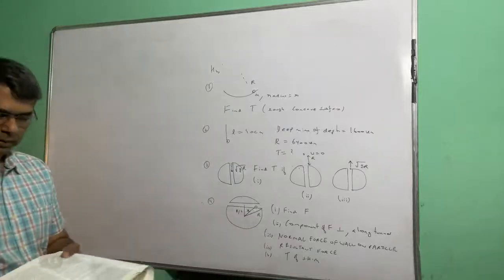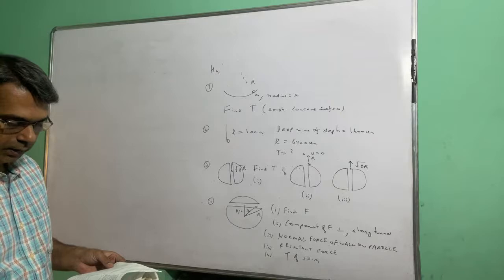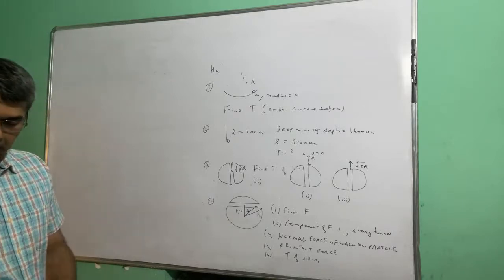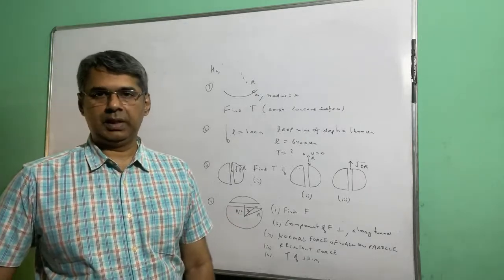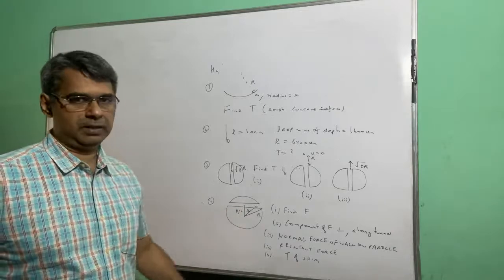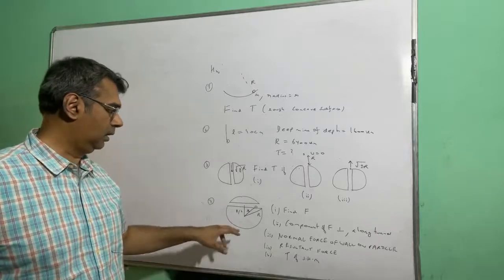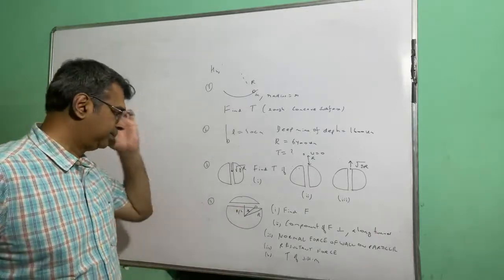Okay, question number 4 of the homework. There is a tunnel whose position from the center of the earth is radius by 2.